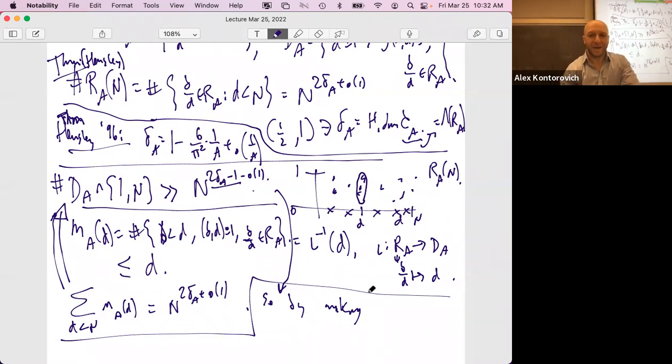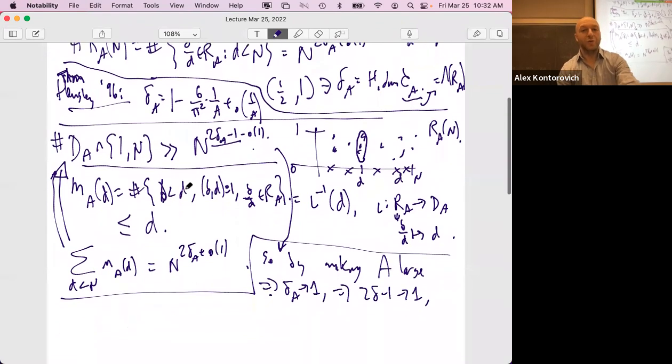Okay, so by making A large, and hence making delta close to 1, which implies 2 delta_A minus 1 is close to 1. If delta is 1, then this is 2 minus 1.